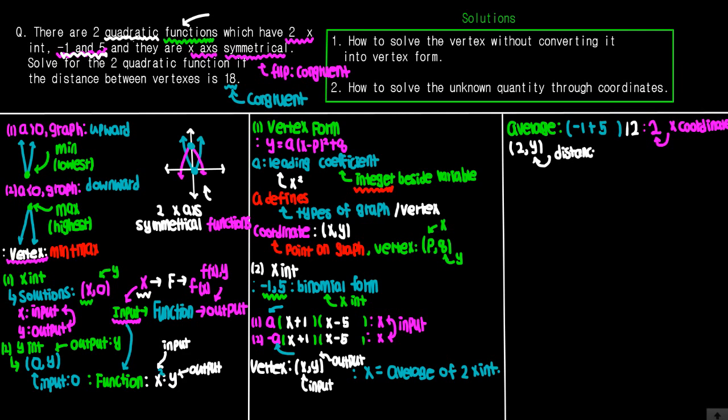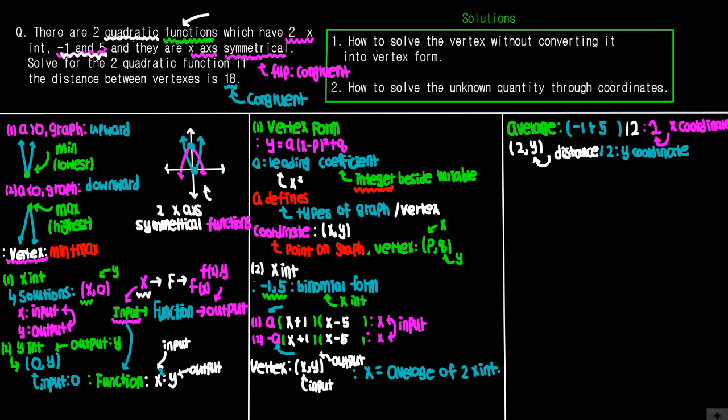If we divide the total distance by 2, we can solve for the y-coordinate of our vertex. And this is a much faster way than the first way.